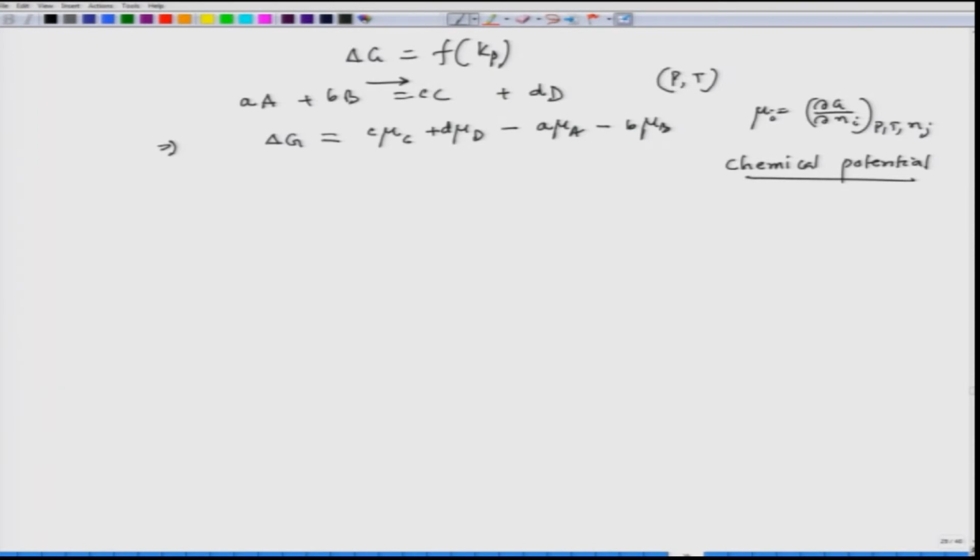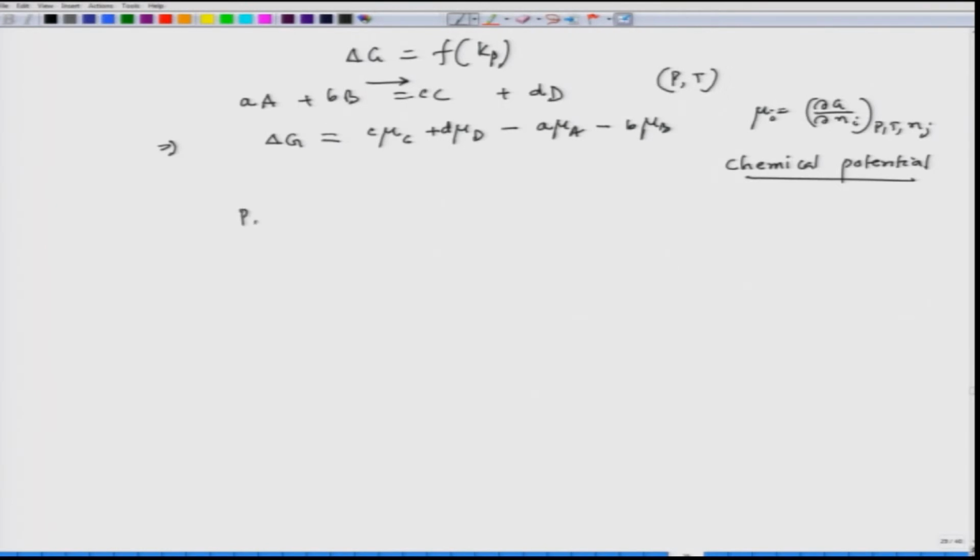Now, as we know, if there is no composition change, then we can define a state of a thermodynamic system by 3 parameters, of which 2 are independent.